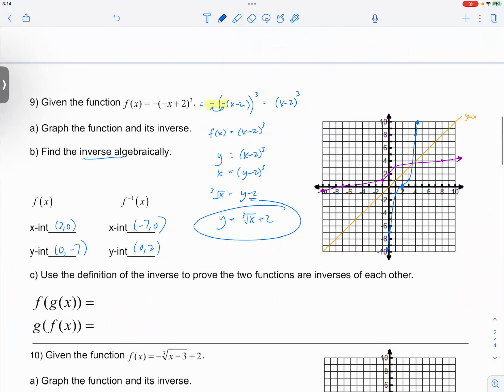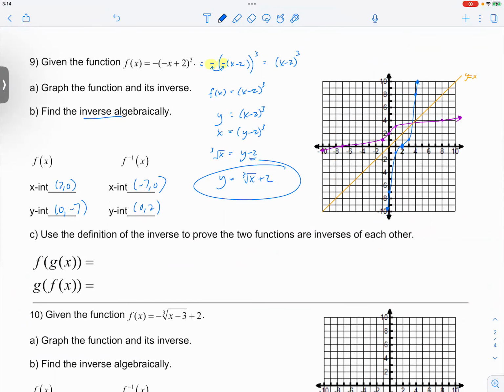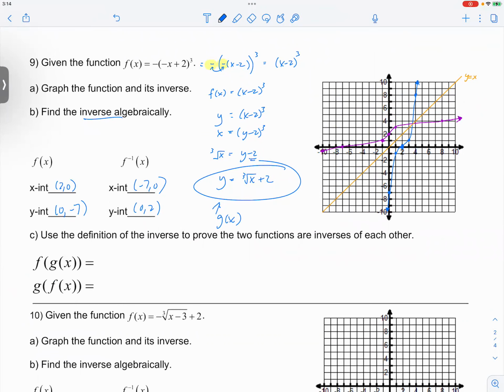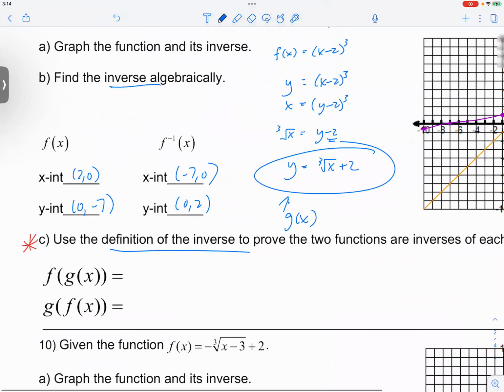And then for f of g of x, we will consider this as our g of x, as the inverse. Now in part C, I'm going to put a star next to part C, because it's very important that you know the definition of inverse. A lot of people didn't know, so it is your responsibility to know the definition of inverse.